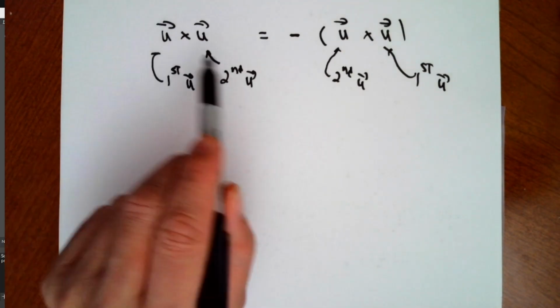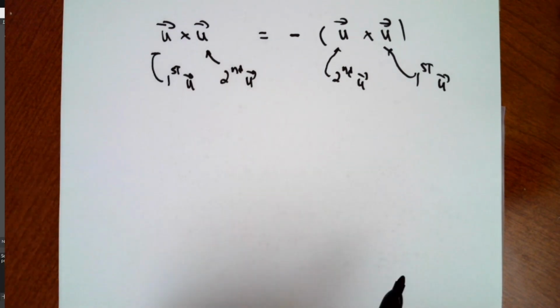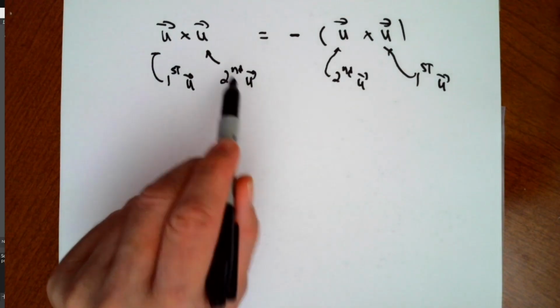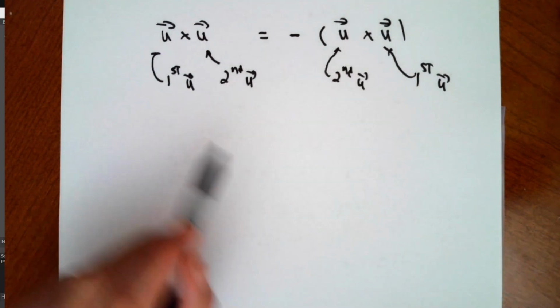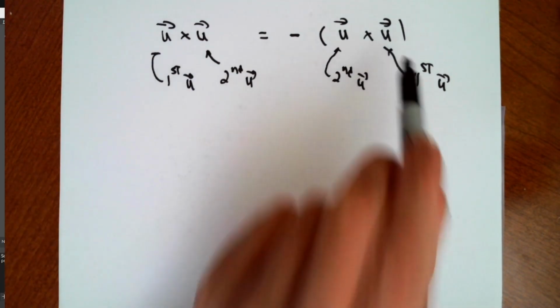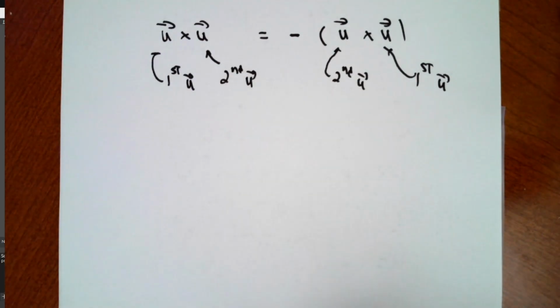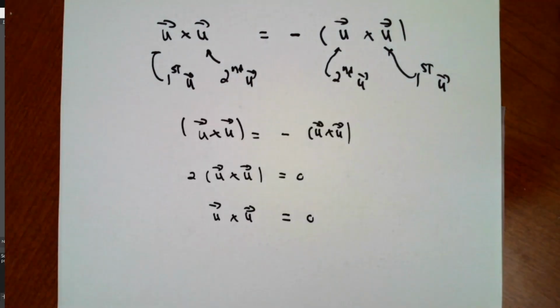If I interchange those, the resulting cross product has had its sign reversed, but on the other hand, when I write this second U there and the first U there, it's still U cross U. Add the vector U cross U to both sides.